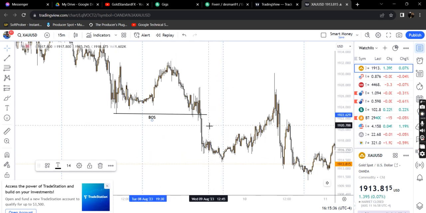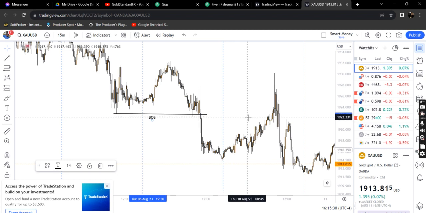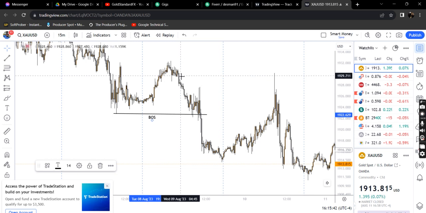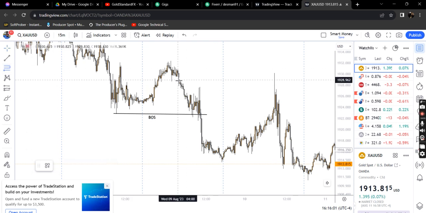So when I came to the charts Thursday, I would be looking for price to go to a fair value gap. That's where you're going to have liquidity. That's where market makers like to fill in the gaps before they take price to where they want it.